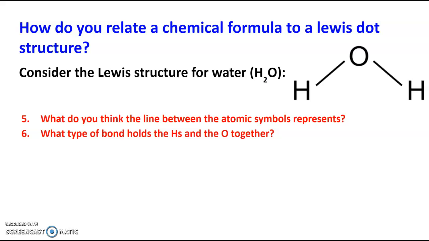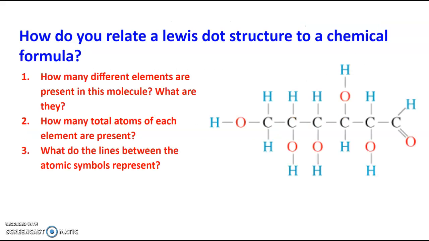So our bond is represented by the line. So the line represents 2 electrons, and we just draw them as lines because otherwise we'd be drawing a lot of dots and that would be annoying. Okay, and that covalent bond is what's holding the oxygen and the hydrogen together.